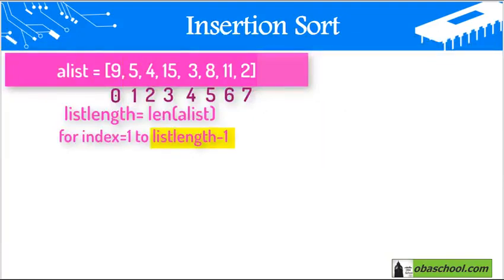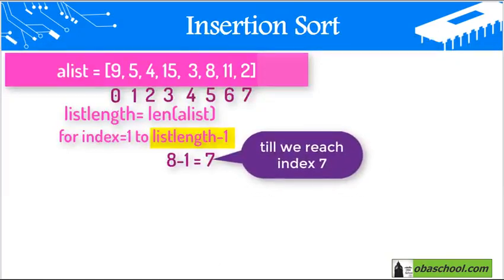We mean by that till the list length, that is 8 minus 1, which is 7. We mean till we reach index 7. This is the last number.